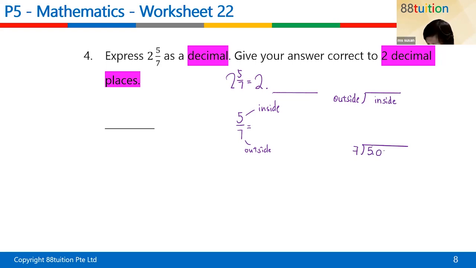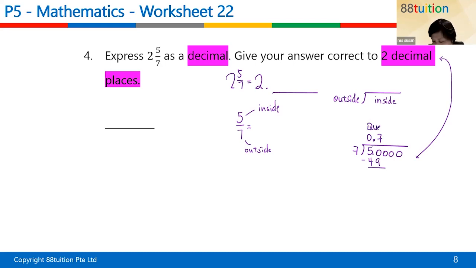Now I want to put a lot of zeros. I put up to 4. Why 4? Because they asked for 2. So I put it up to 4, just in case. So now I have to start division. 0.7 minus 49. Now do not put decimal inside the long division. Only put decimal here outside on the quotient.